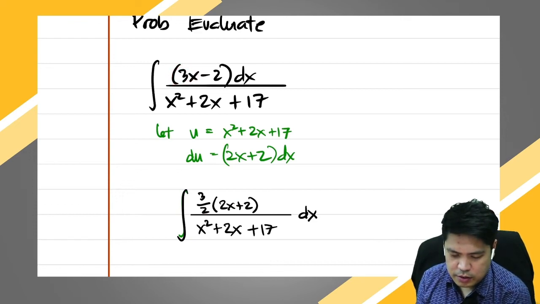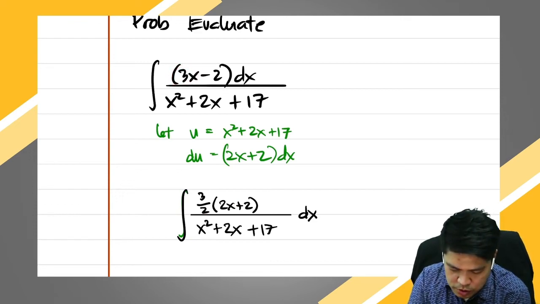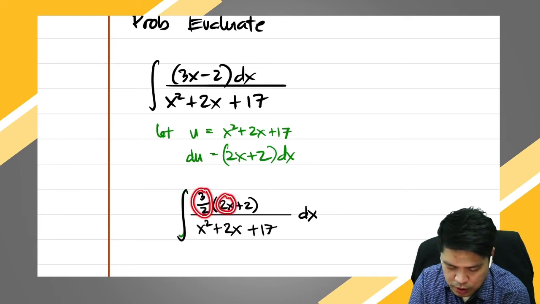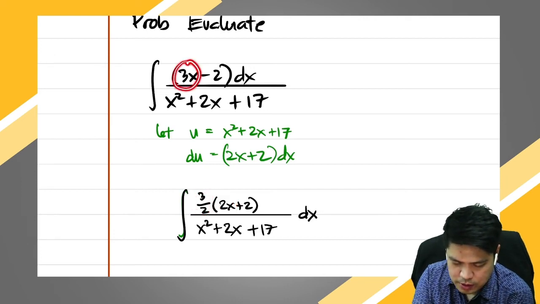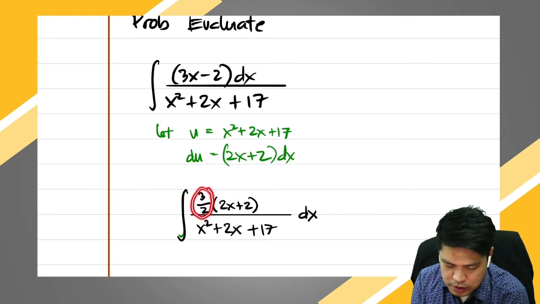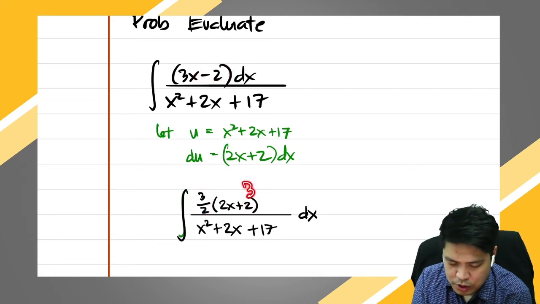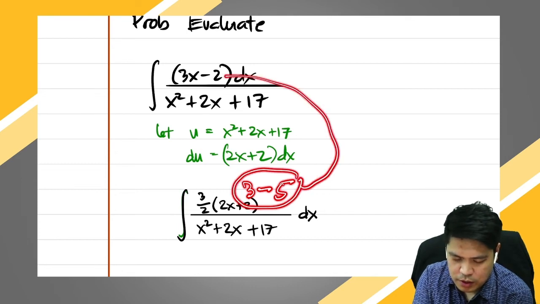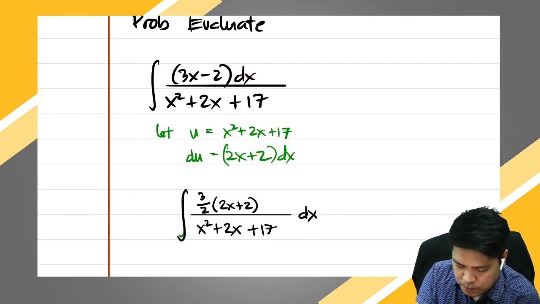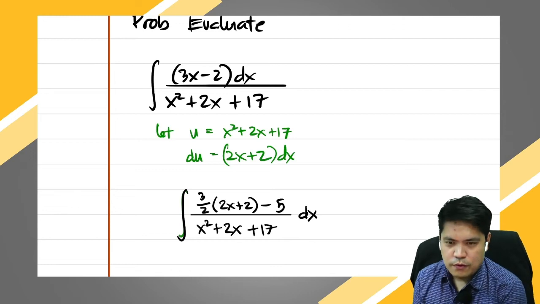Ayan. Okay? So, tingnan natin. So, this would be 3 halves times 2x. That would be 3x. And 3 halves times 2, that would be 3. Minus 2, dapat siya. Diba? So, pero 3 dito. So, we need to subtract 5 because 3 minus 5 is 2.